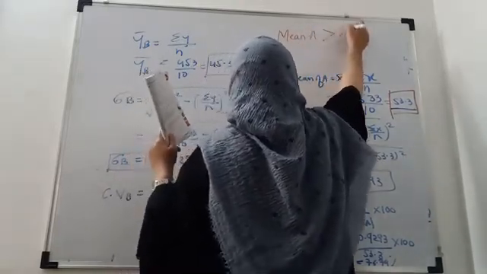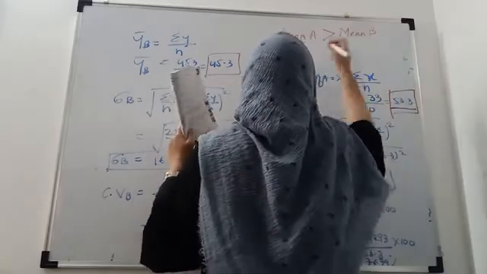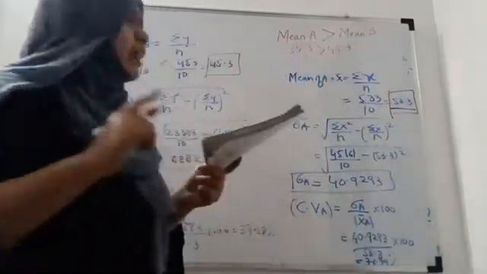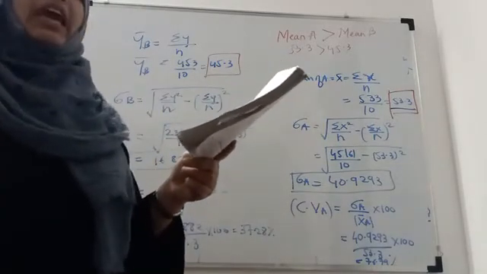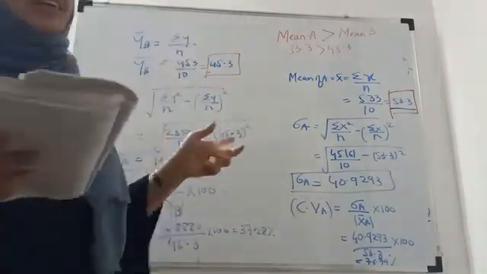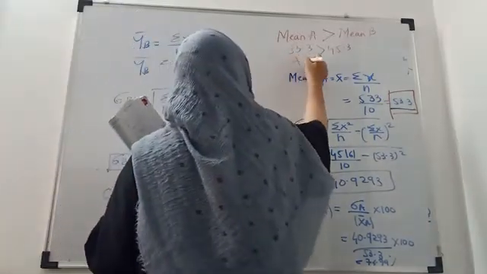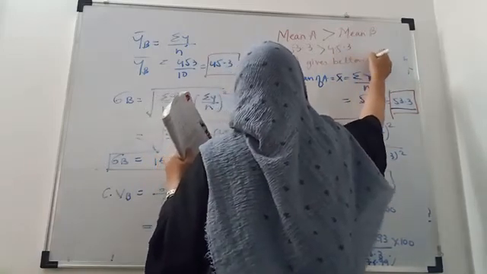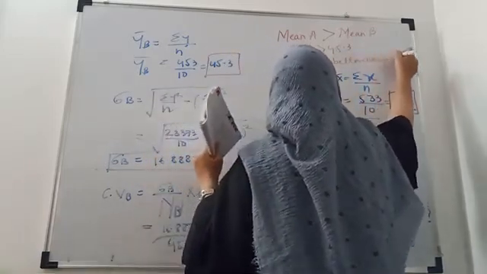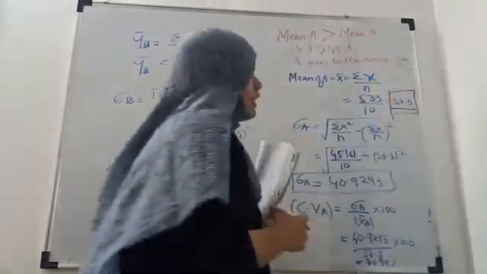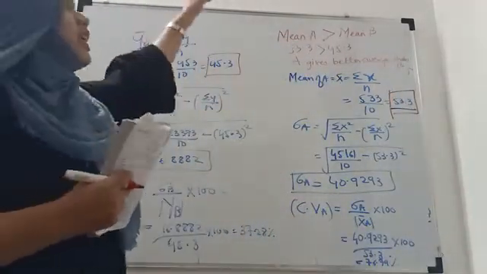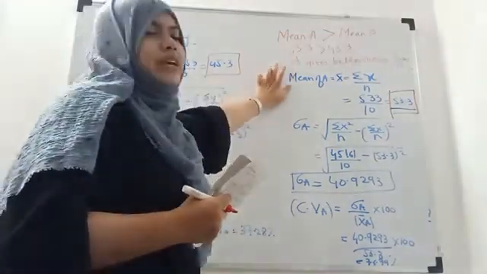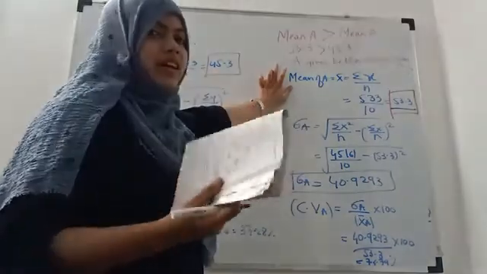Mean A is greater than mean B, right? 53.3 is greater than 45.3. Therefore, cricketer A gives a better average than B. So for the average you have to see the greater value; whichever is greater is better than the other.